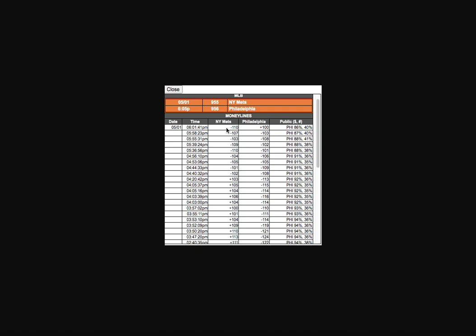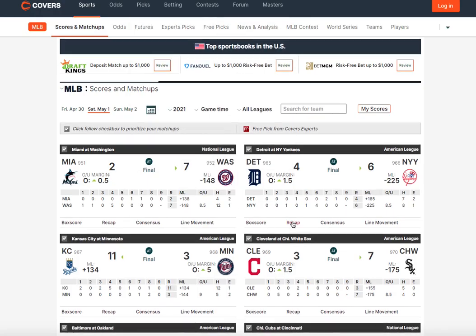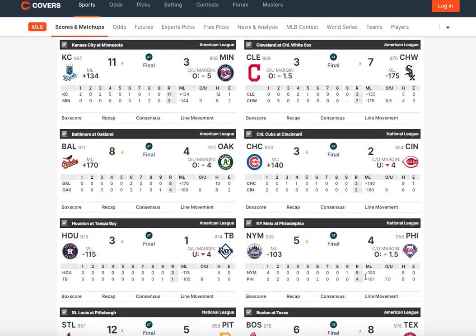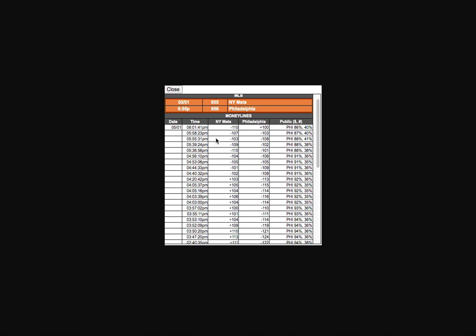So this line movement clearly favors the Mets here. And if we look at the actual result, Mets won this one 5-4 and only had to lay minus 104. So one concept is focusing on the line movements. Paramount. I wouldn't handicap any games in Major League Baseball without factoring in line movement.